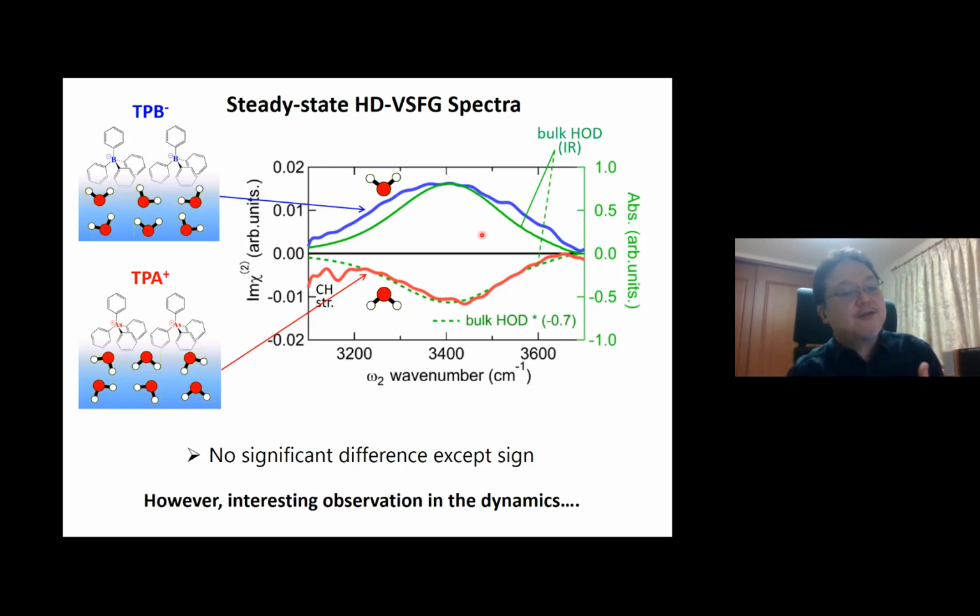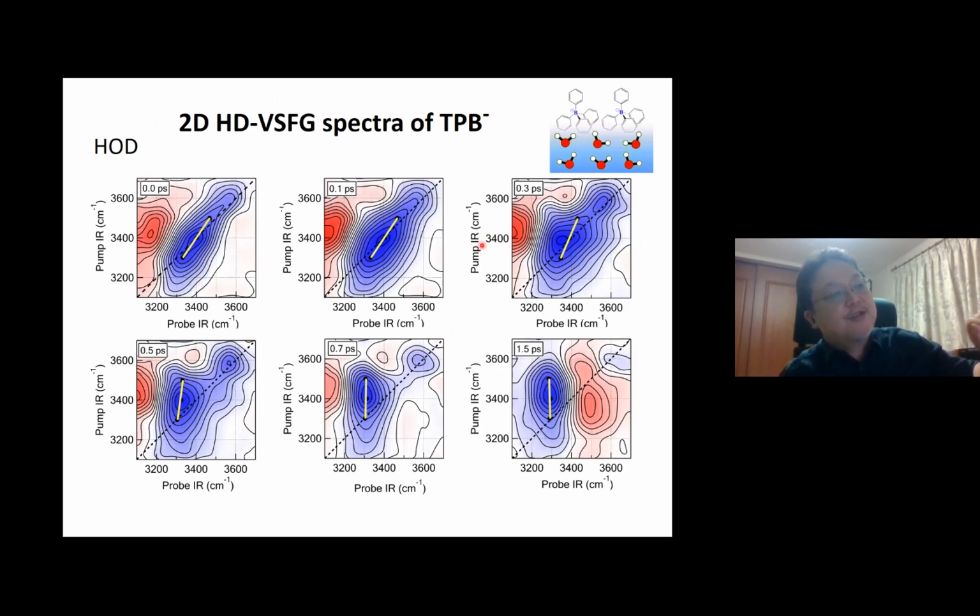However, we can observe something interesting in the dynamics. This is the 2D heterodyne VSFG spectrum of TPB minus. Immediately after photoexcitation, it is again nicely diagonally elongated, showing this OH stretch band is inhomogeneously broadened. Then spectral diffusion occurs on the femtosecond time scale, and here you can see the single peak start separating into two.